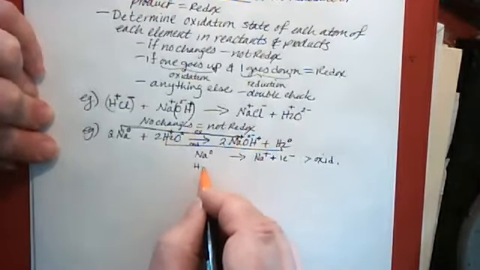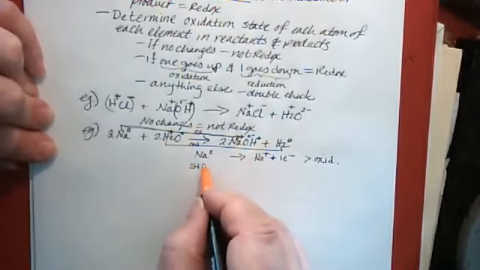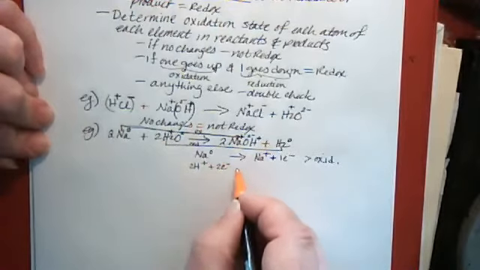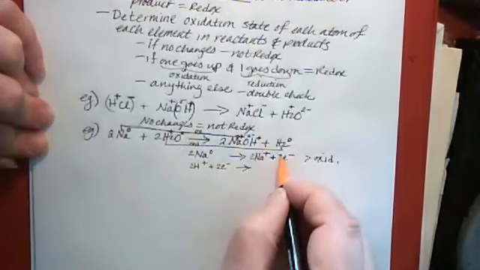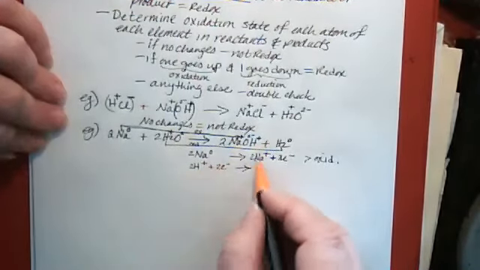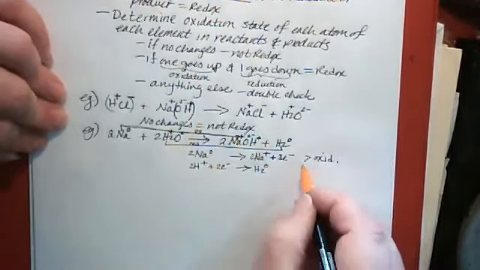And that's all it takes. So we've got two hydrogens starting out with +1 charge. They gain 2 electrons. Oops, and sorry, that's 2 sodiums and 2 electrons. Okay, so the 2 hydrogens gain 2 electrons and become H2 with 0 charge. That's reduction.